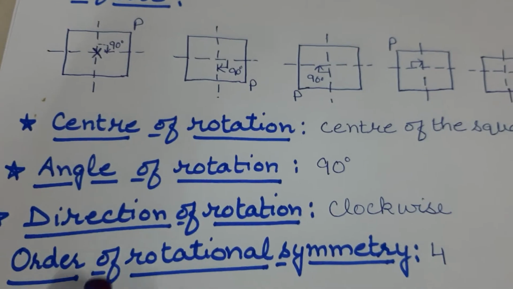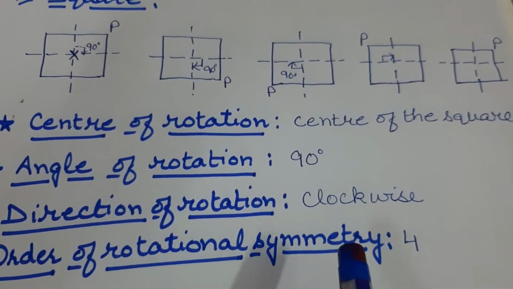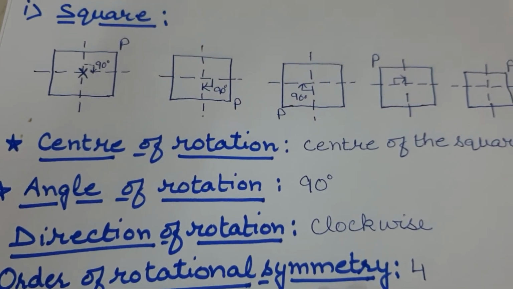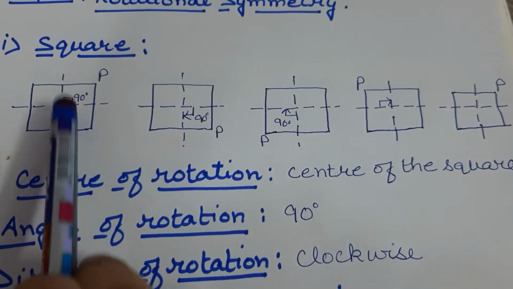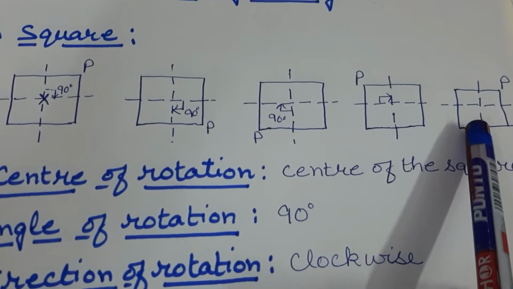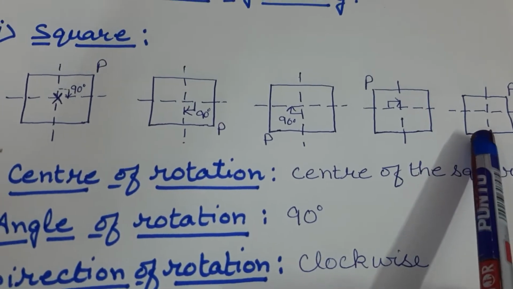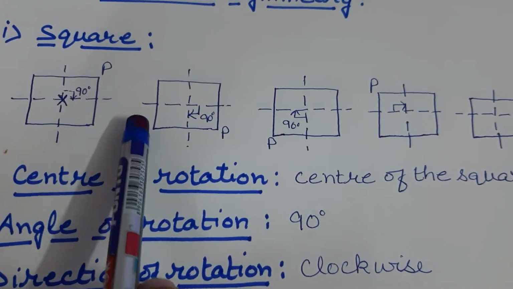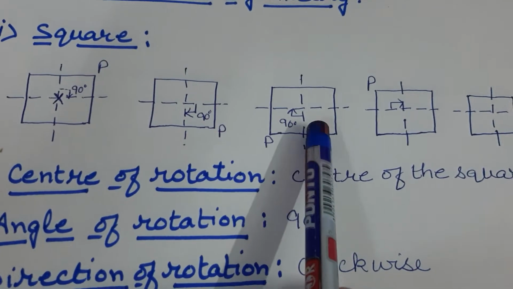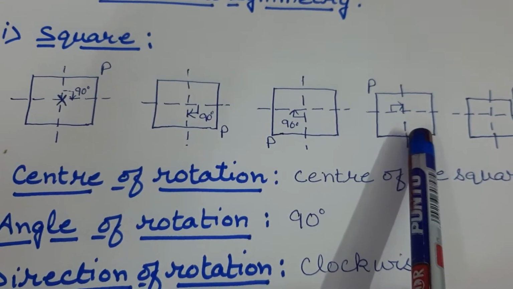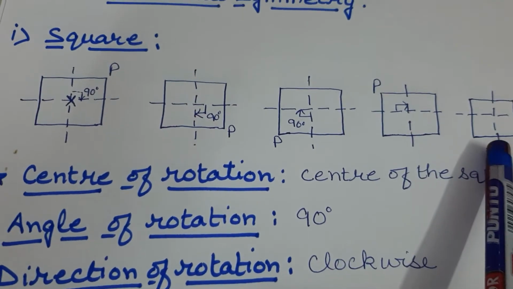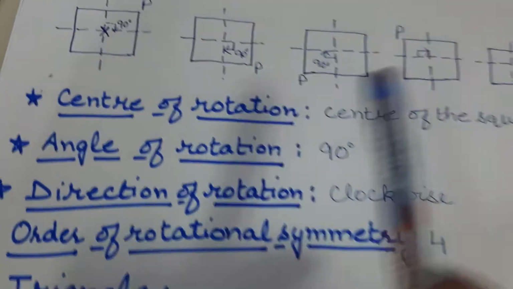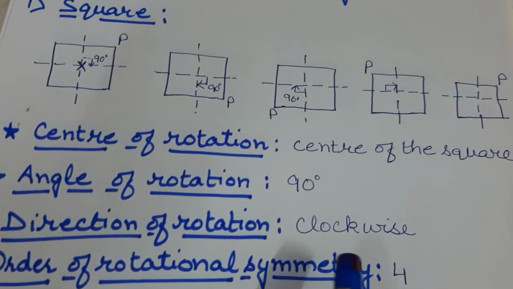Okay, next is order of rotational symmetry. Now what is order of rotational symmetry? When the picture comes back to its original or initial position, the number of times it has been rotated is called the order of rotational symmetry.